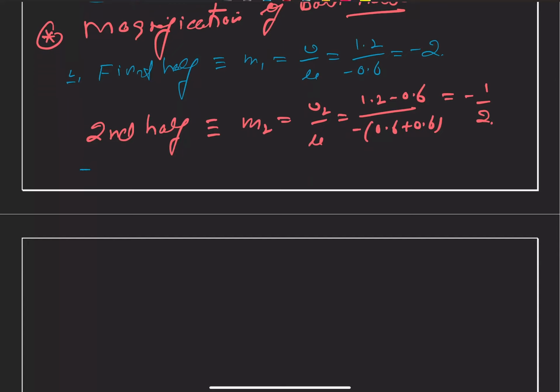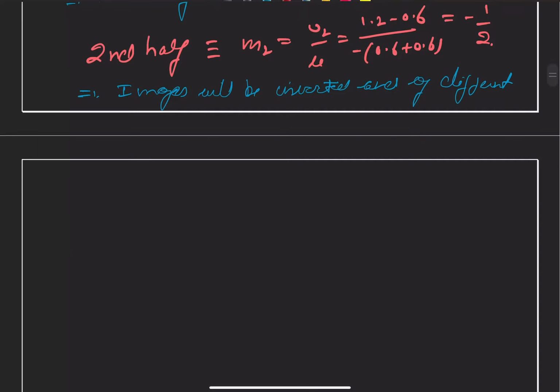So we can say that image will be inverted and of different magnification, of different sizes, which we can say magnified, or we can also say it demagnified.